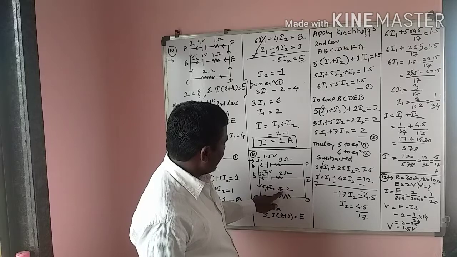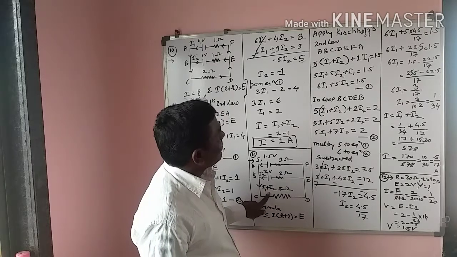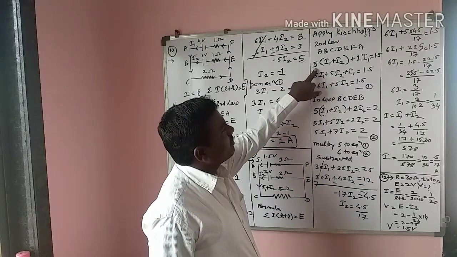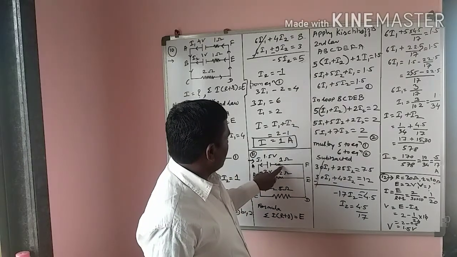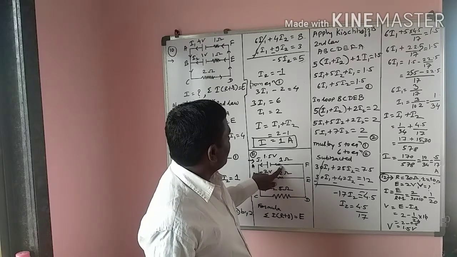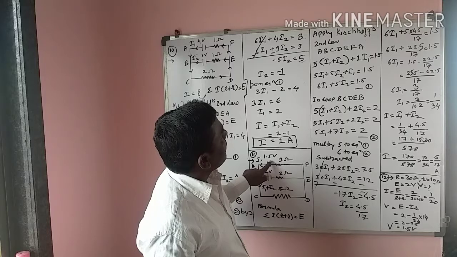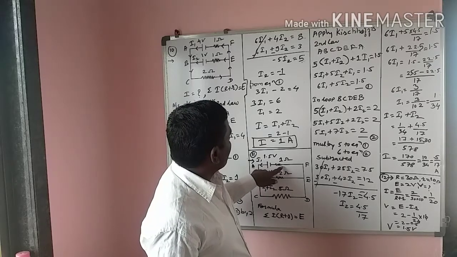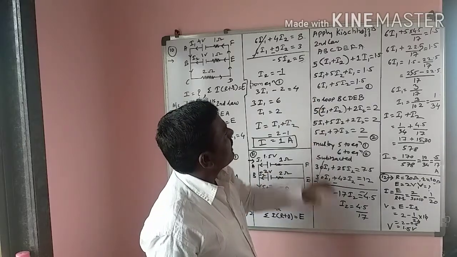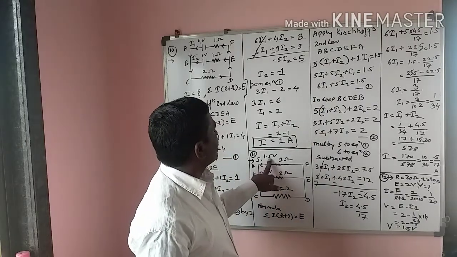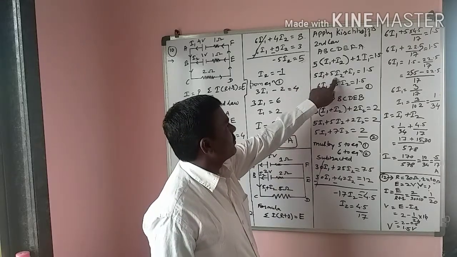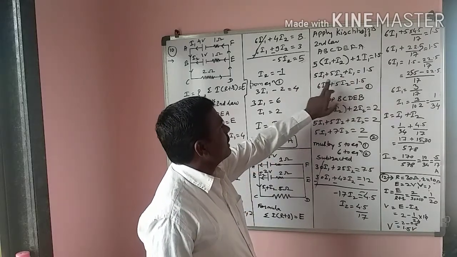I is the total current I1 plus I2, so we write here 5 times I1 plus I2, plus the potential difference, which is the product of the internal resistance and the current. The current is I1 and the internal resistance is 1, so we write here 1 times I1 is equal to the total EMF, that is 1.5 volt. Again we multiply here, 5I1 plus 5I2 plus I1 is equal to 1.5.